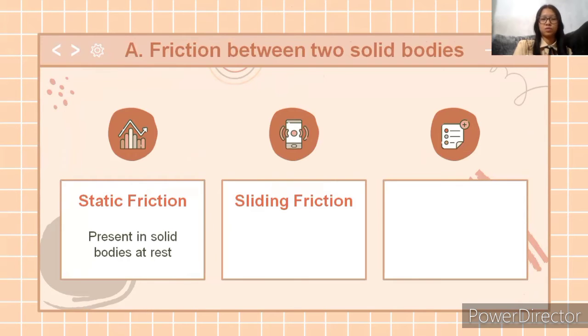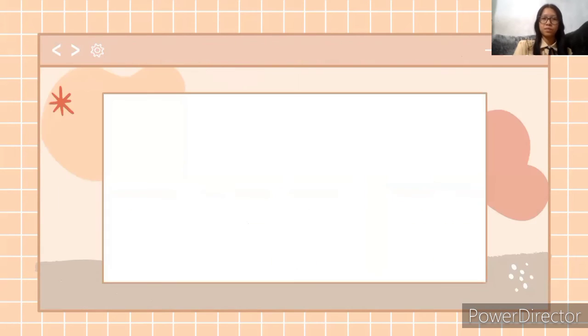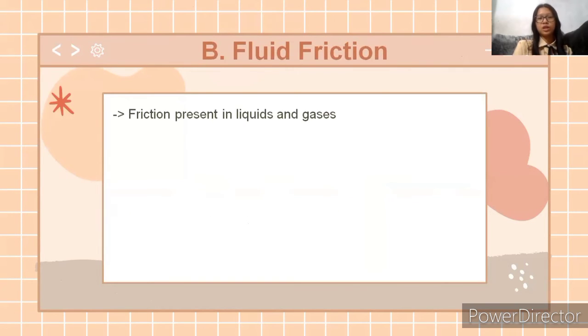Sliding friction is friction present when one solid slides over another. The last is rolling friction, which is friction present when one solid rolls over another. B. Fluid friction. The definition of fluid friction is friction present in liquids and gases.